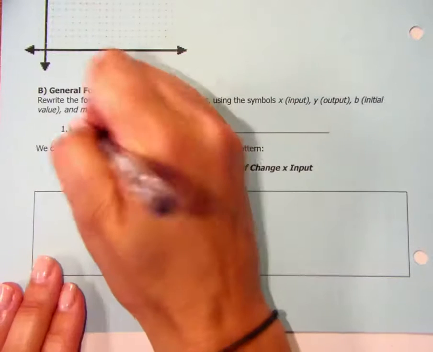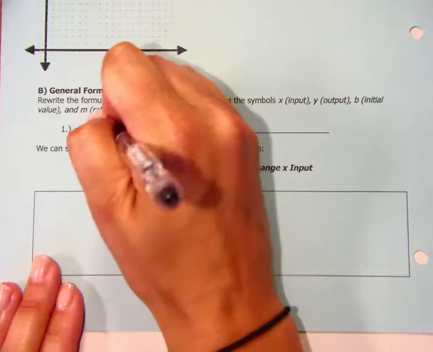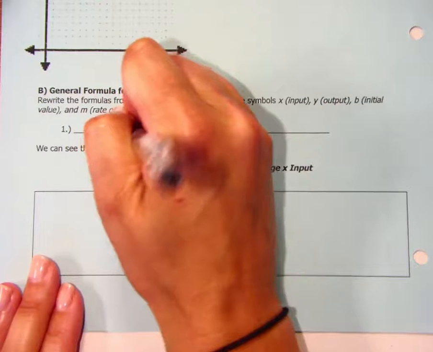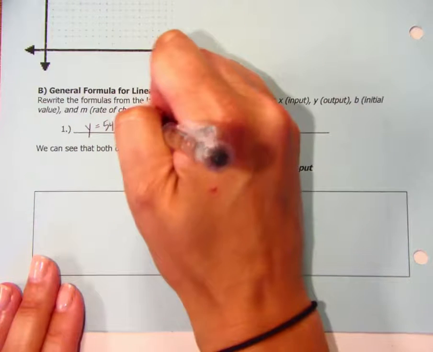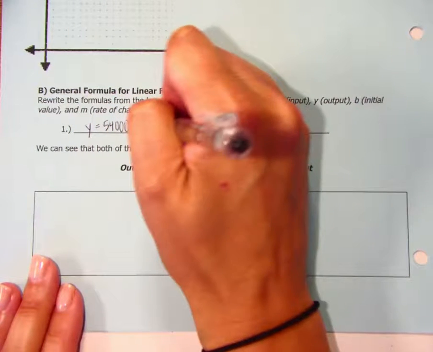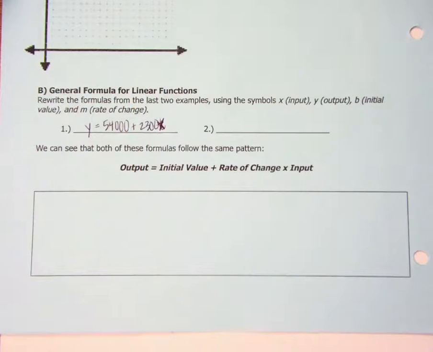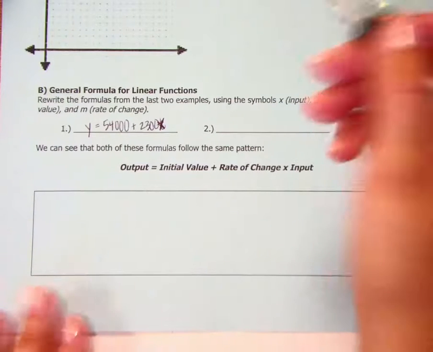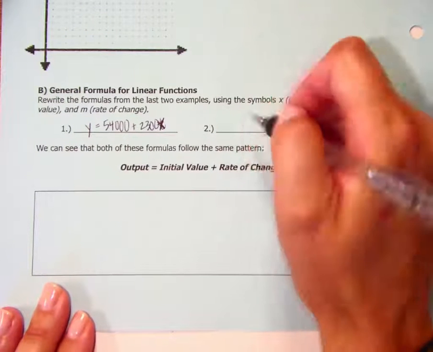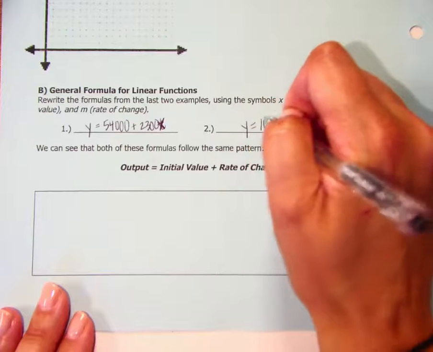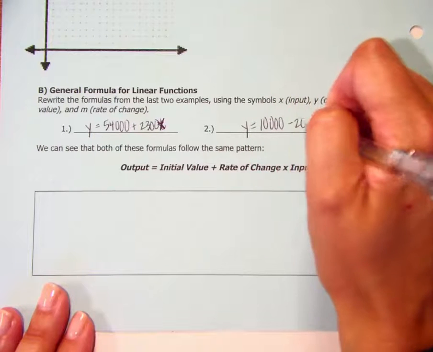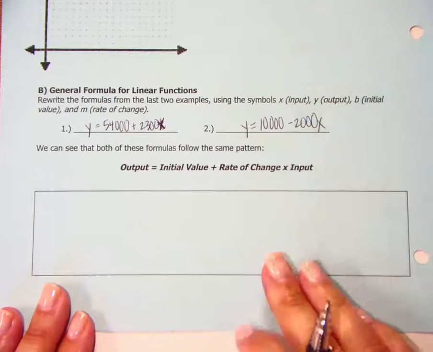So just replacing the V and the T with X and Y as well.